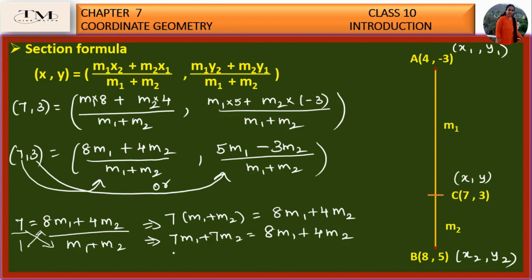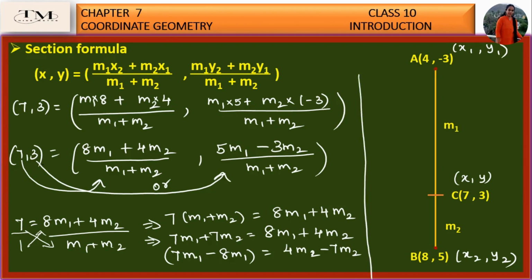So collecting the m1, 7 m1 minus 8 m1 equal to 4 m2 here. On the other side I have plus 7, so minus 7 m2. So 7 minus 8 is minus 1. So minus m1 equal to 4 minus 7 is minus 3.